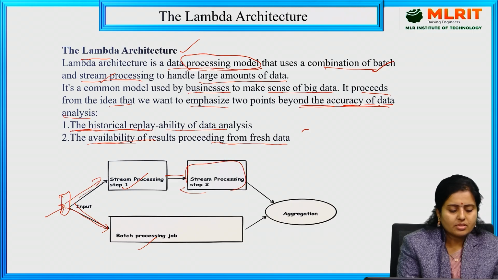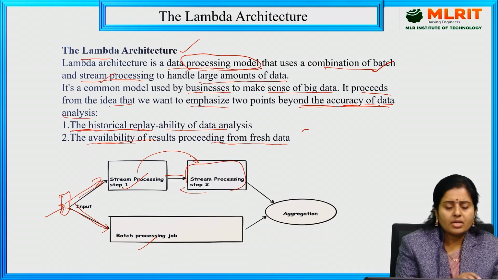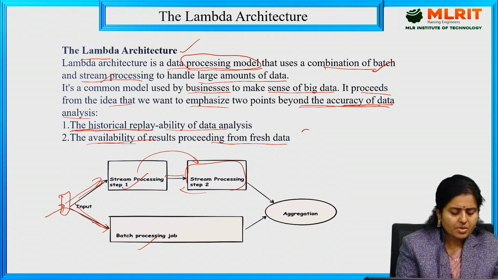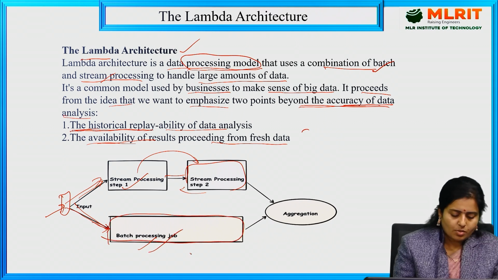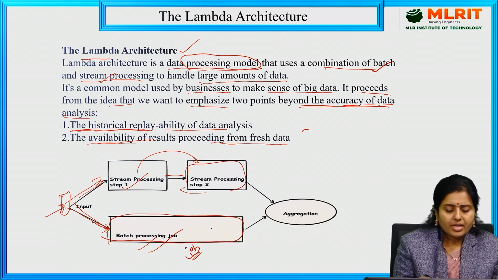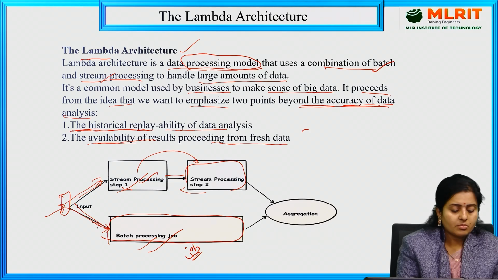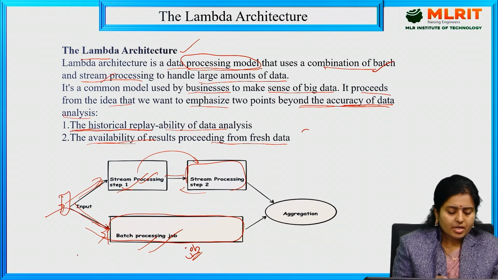After step 1 of stream processing, it goes to step 2. But as a part of batch processing, we can call the entire batch one job. Stream processing is a step-by-step process: step 1, step 2, step 3, it goes stepwise, but batch processing works as a combination of all.